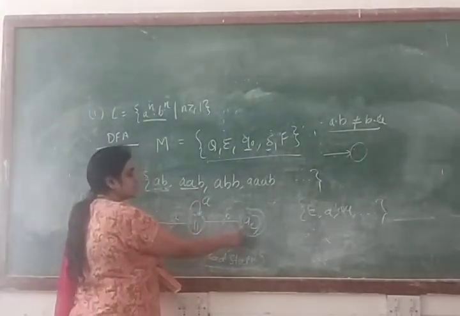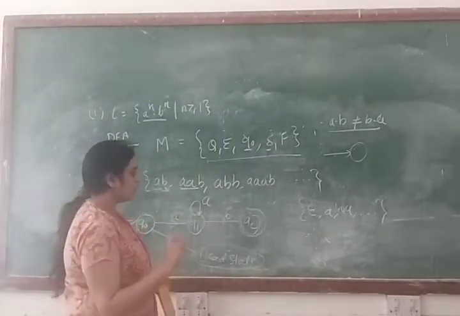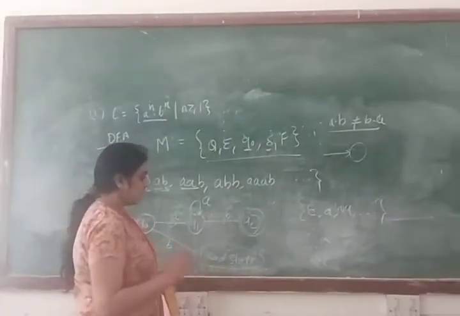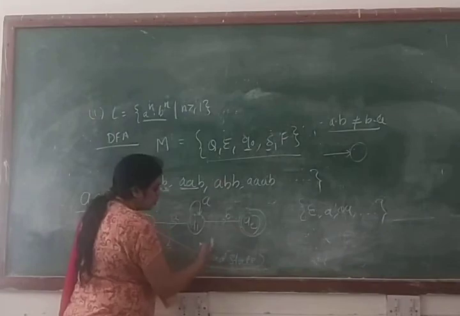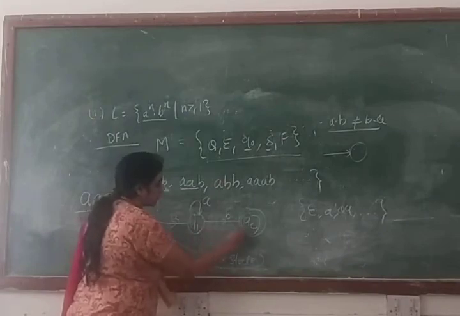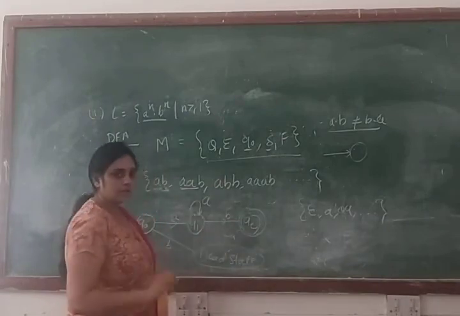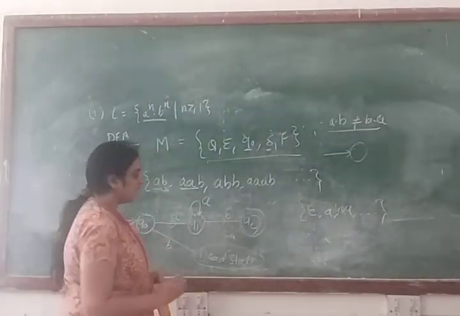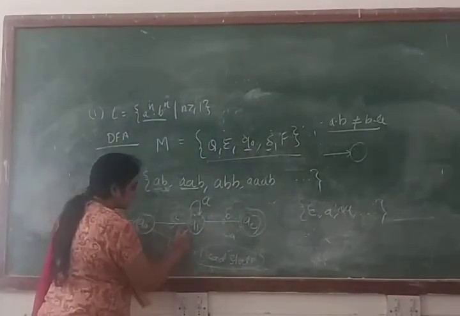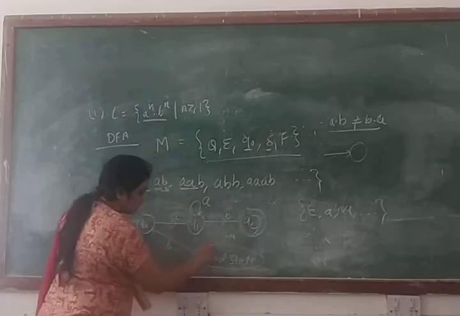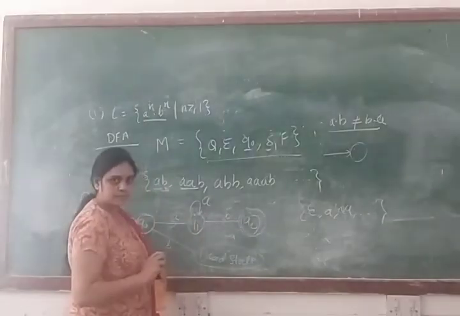Now we will make transitions for the state Q2. Now we will check for the input symbol A. If you make a transition from Q2 to Q1, then what will happen? If you make a transition from Q2 to Q1 for the input symbol A, your machine will accept small a, b, a, b. Clear?